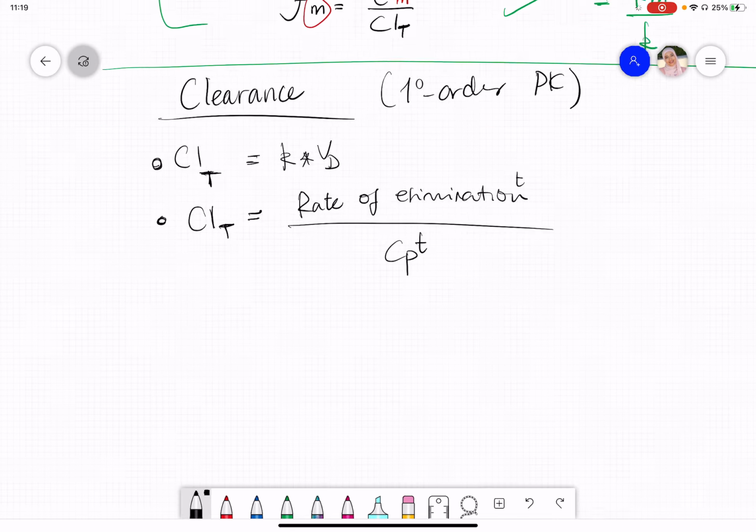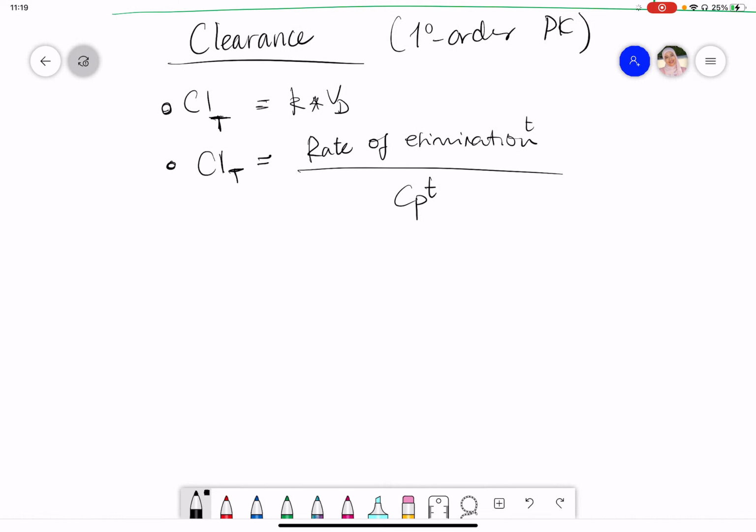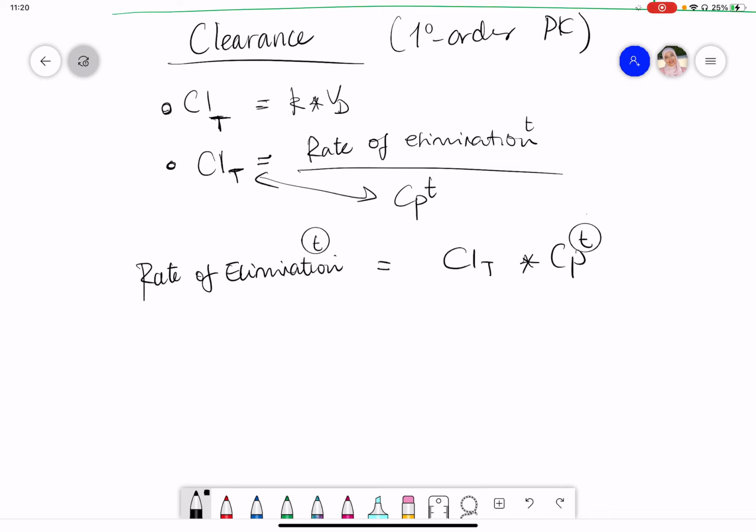Okay, let's just have it by rate of elimination, which at certain time would be equal to total clearance multiplied by the concentration at certain time. Okay, this is total clearance, and this is elimination.